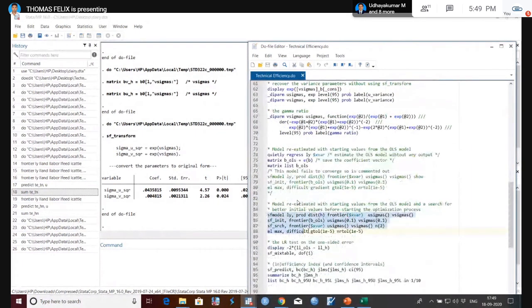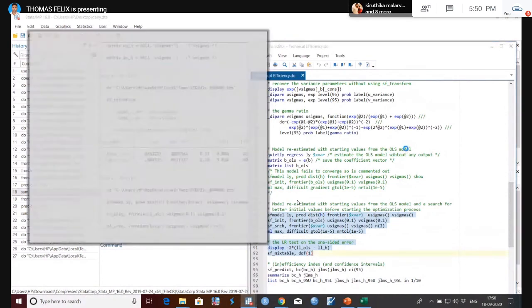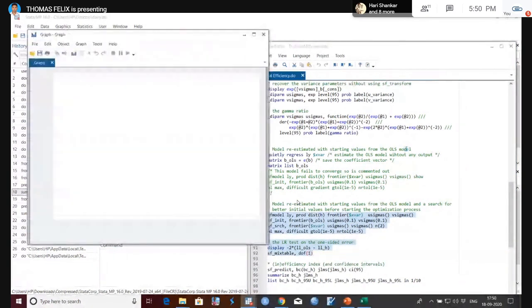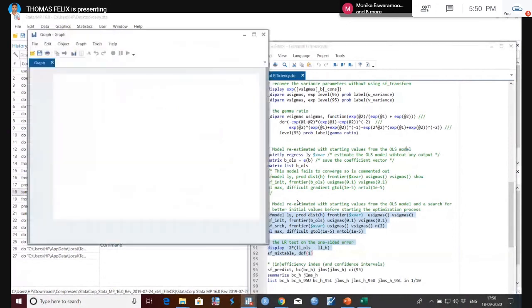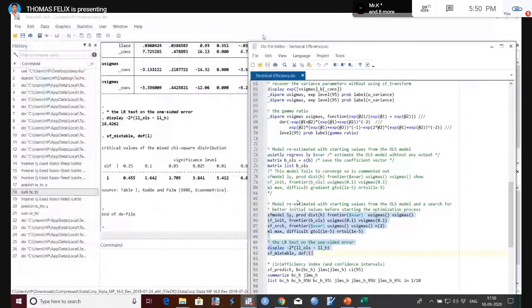First I need to run the output oriented one. So now I have run the output oriented.